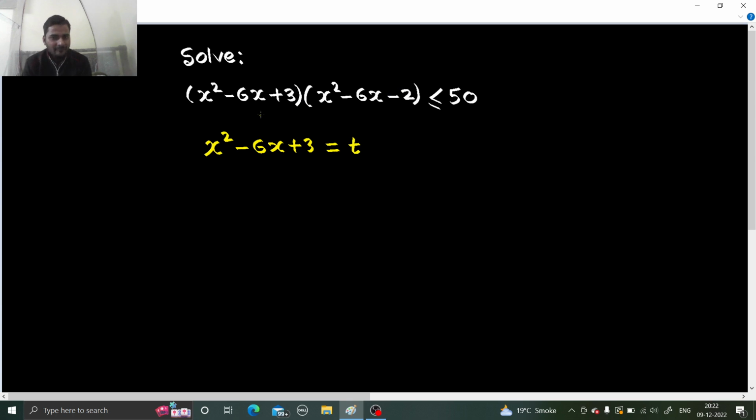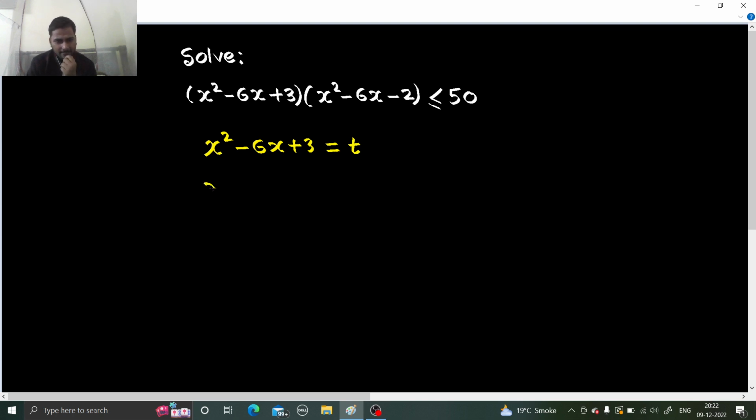That means only a change of constant is there. The first bracket is 5 ahead of the second bracket in terms of constant.